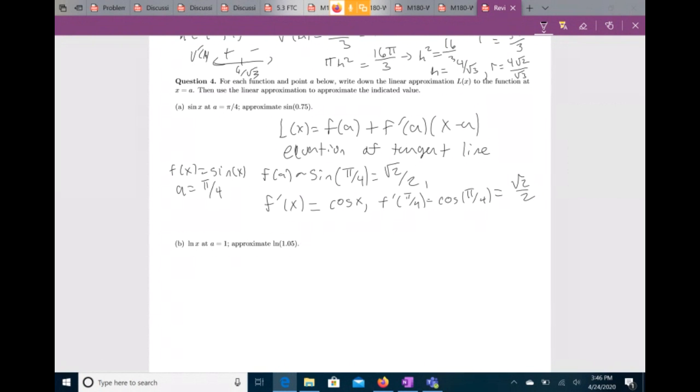Okay, so now we can just plug all this into our linear approximation function. So the linear approximation will be f of a, which is sine of pi over 4, so root 2 over 2, plus f prime of a, which ends up being cosine of pi over 4, or root 2 over 2, times x minus pi over 4.